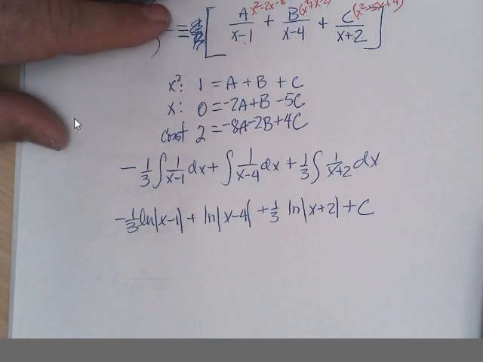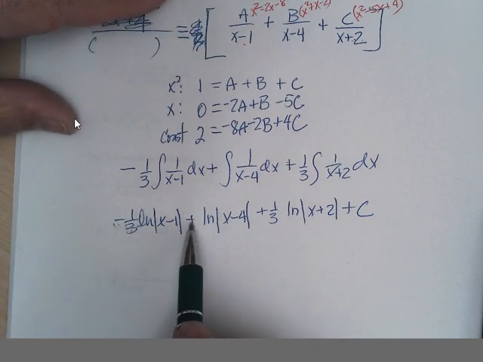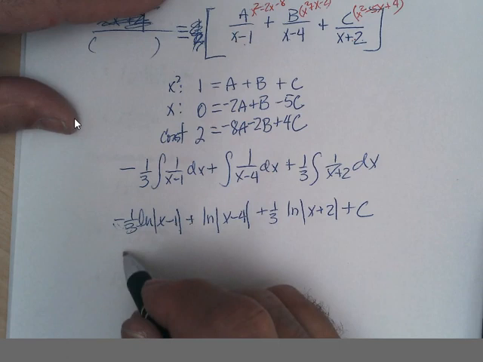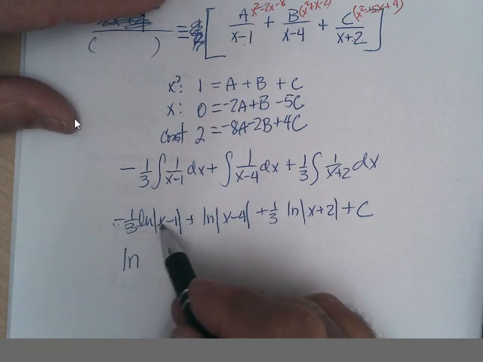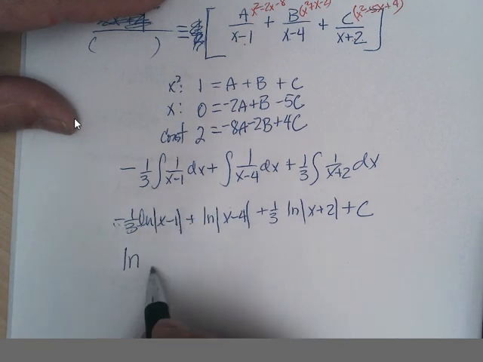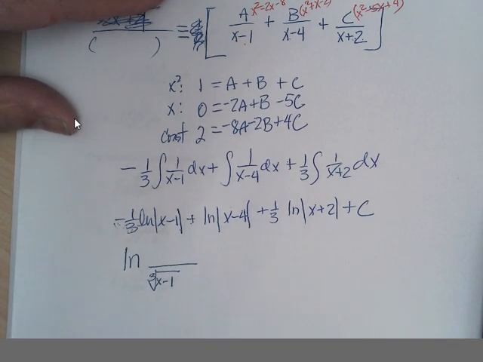Now I'm going to do a little bit more with this one, just so you know what you could do with this whole thing. These are ln's added, and so the 1/3 could go up as a power, so I'd have ln of this to the negative 1/3, which means I'd have the cube root of x minus 1 in the denominator.